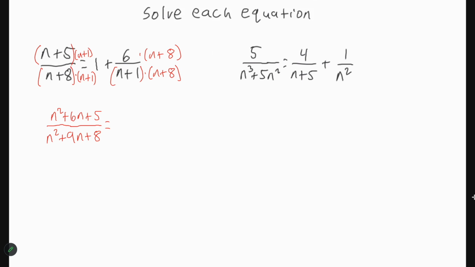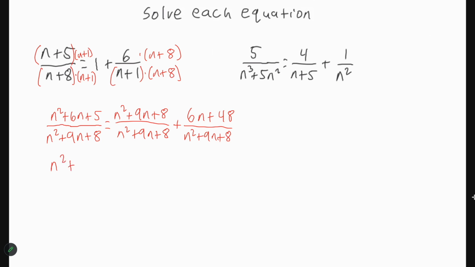The 1 is just going to turn into n squared plus 9n plus 8 over n squared plus 9n plus 8, and then plus 6n plus 48 over n squared plus 9n plus 8. All the denominators are the same, so we can just make this an equation with no fractions.